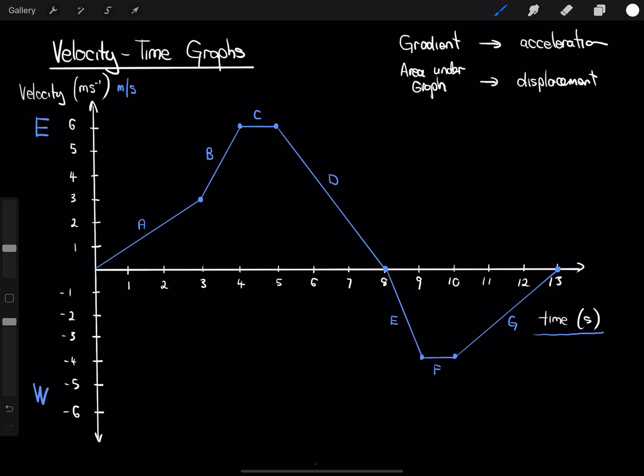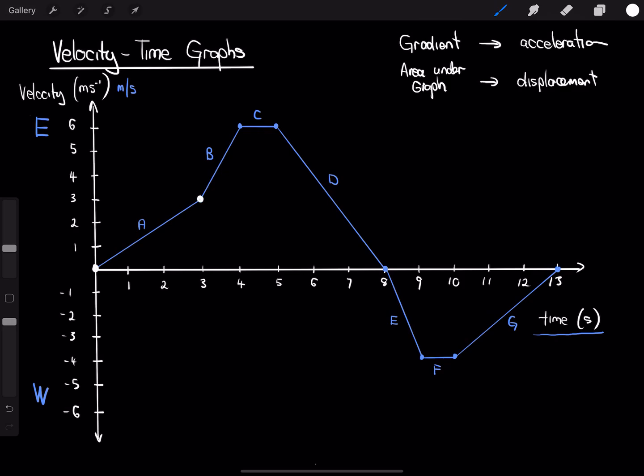So we're using the same graph that we have in the previous two screencasts. Look at section A again. Let's assume it's starting at a particular position, wherever it happens to be. For the first 3 seconds, it was increasing its velocity until after 3 seconds it reached a velocity of 3 meters per second.